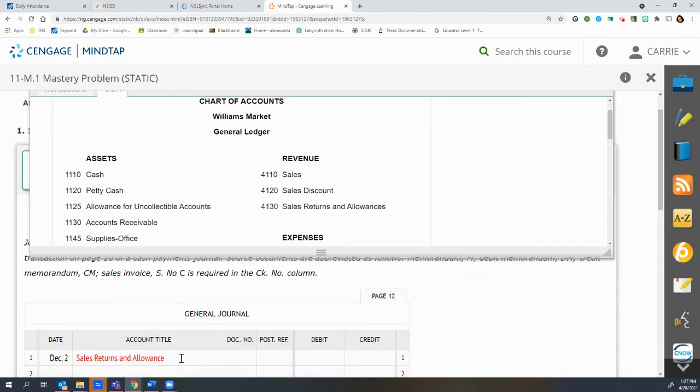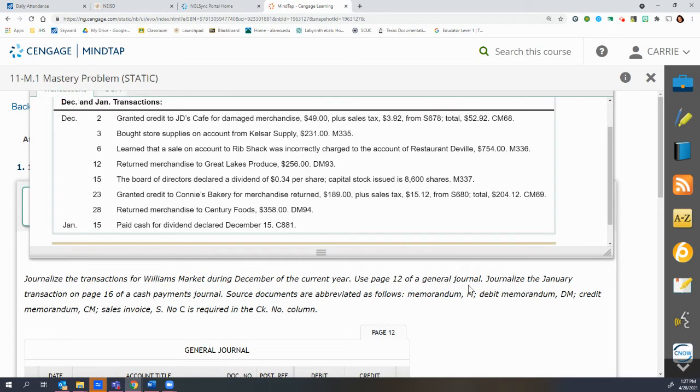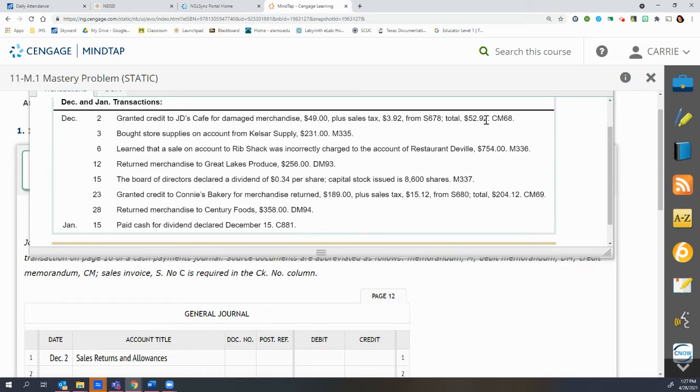Oh, because I always don't put the S on allowances, right? I do that every single time. And the document number is CM68, which is credit memo 68. And the debit is for $49.